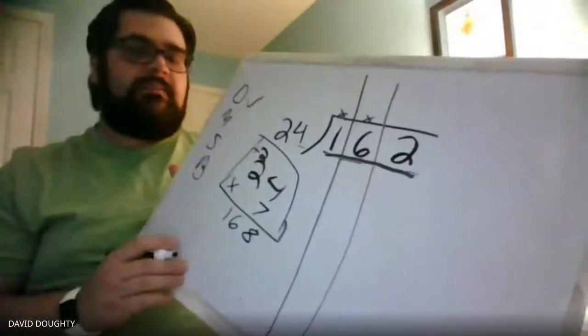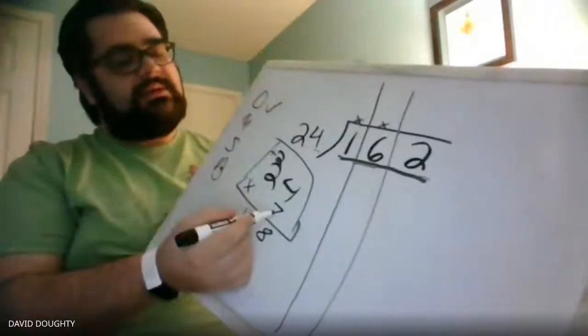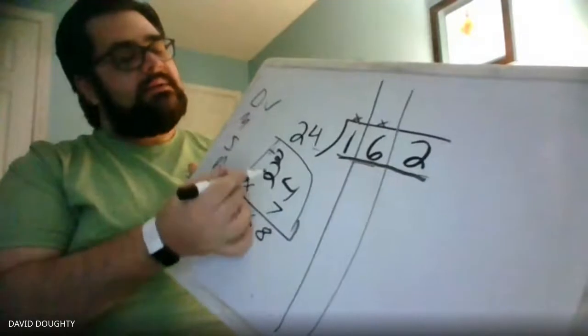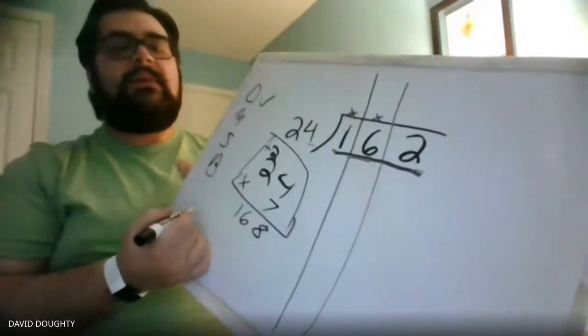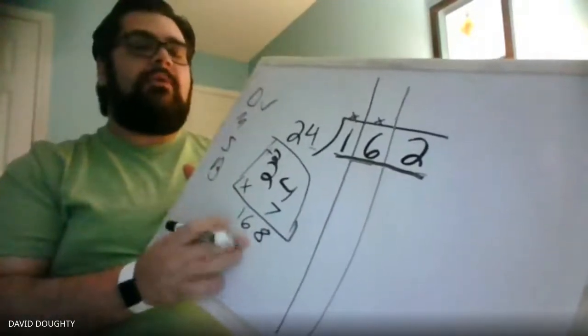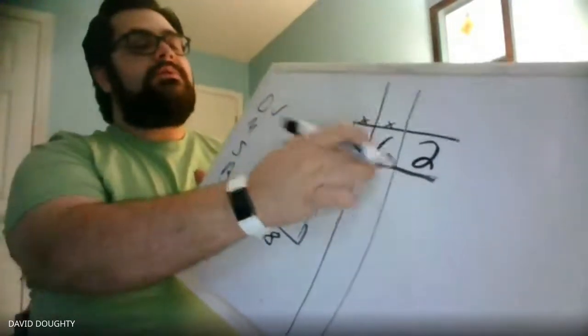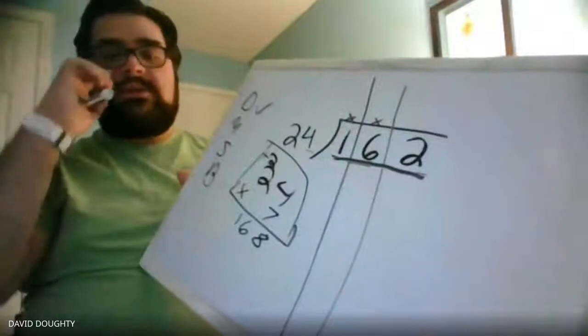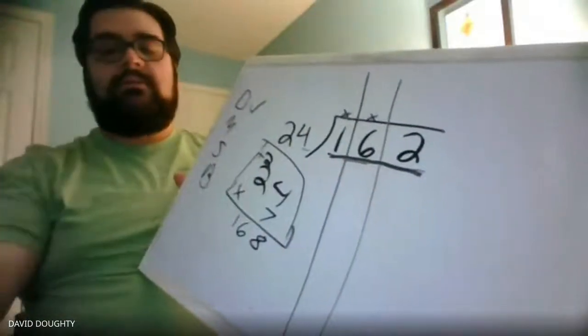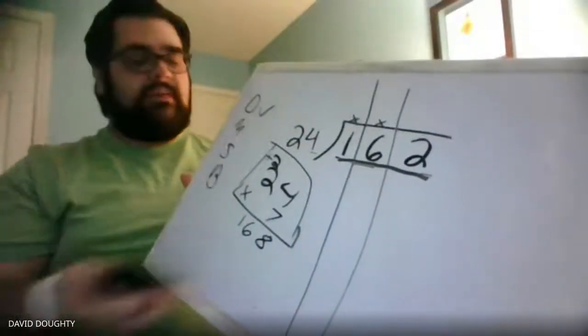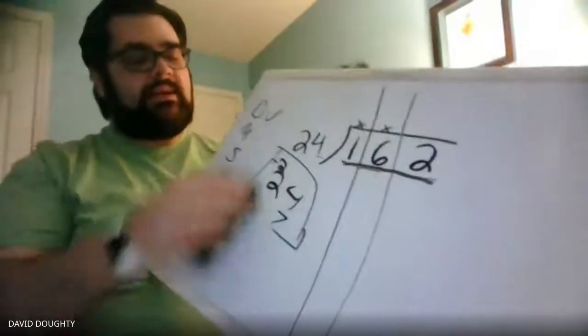That's still too many. Okay? Let me check my math just to make sure. 7 times 4 is 28. 7 times 2 is 14 plus 2 is 16. Okay. So even though it's not over by much, it's still over. We need to figure out how many times 24 can go into 162, not so much evenly, but without going over. So, yep, 7 is too much, so I am going to try 6 this time.